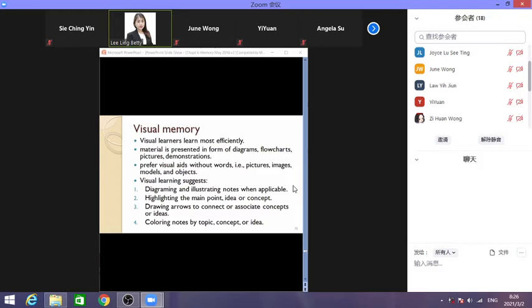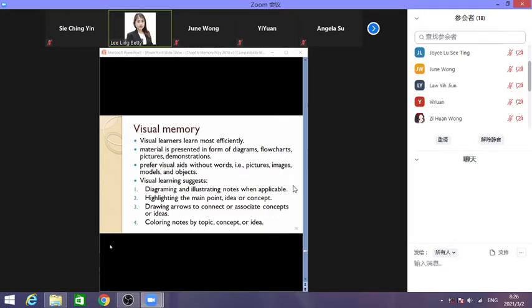All right, you can draw arrows，就好像你画一个这个 brainstorming 或者 mind mapping，你会 draw arrows connecting the associated concepts or ideas as well. 就好像你们写 essay 这样子。So it will help you create a kind of visual memory, and coloring the notes by topic, concept, and idea, right? It will help you to wrap up your main point also.